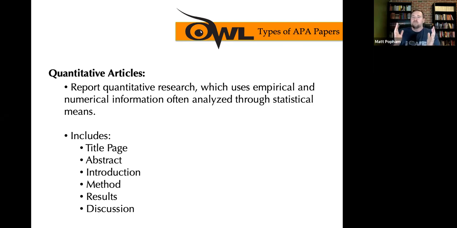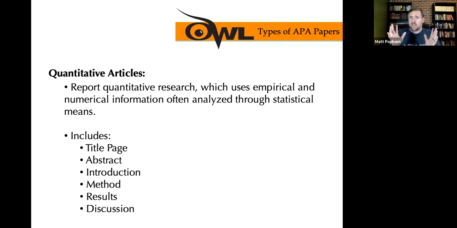When you're in your counseling classes, or doing any type of work that requires APA, you're going to write three main types of papers. It's either going to be a qualitative paper, a quantitative paper, or a review of some sort.